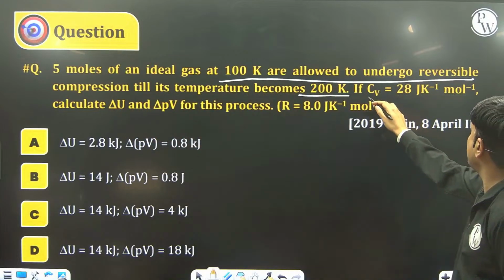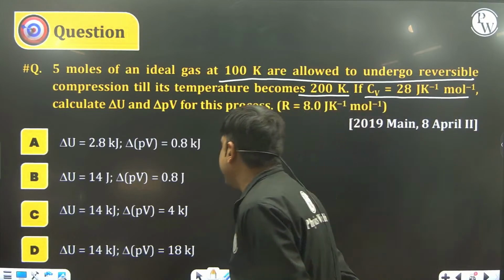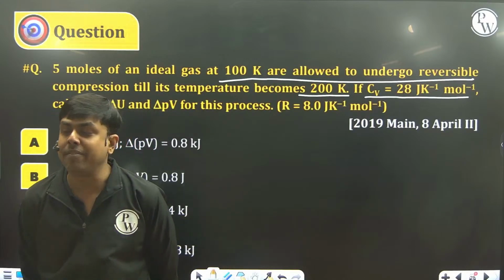If CV equals 28 joules per mole per Kelvin, calculate delta U and delta of PV.